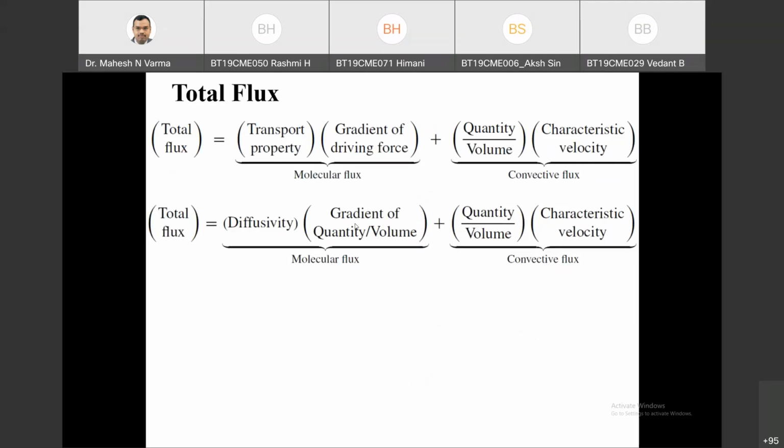So dCA by dy will be CA1 minus CA0 divided by y, which equals some concentration divided by y. So it will be quantity per unit volume divided by length. Is this clear to everybody? Anybody has any confusion over this?